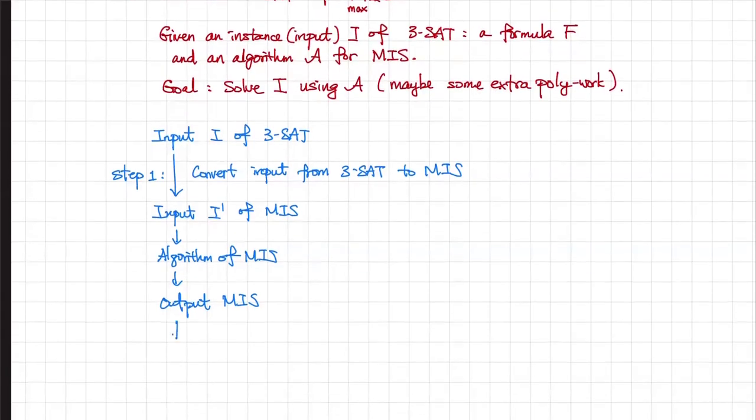Then we're trying to convert the output of MIS to the output of our 3-SAT. So the output of MIS is a selection of vertices without edges, or the maximum of them, right? So that's the max selection of vertices without edges.